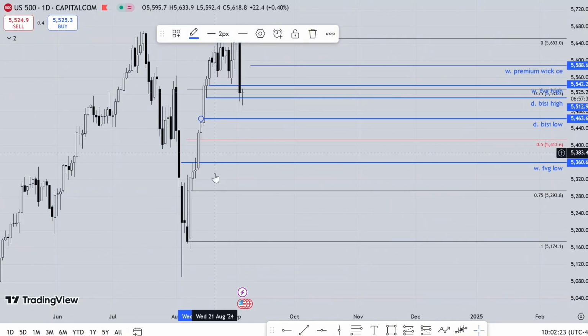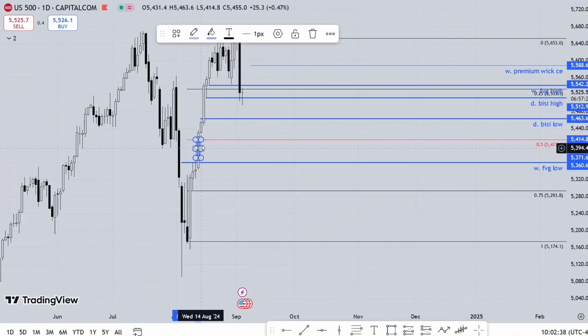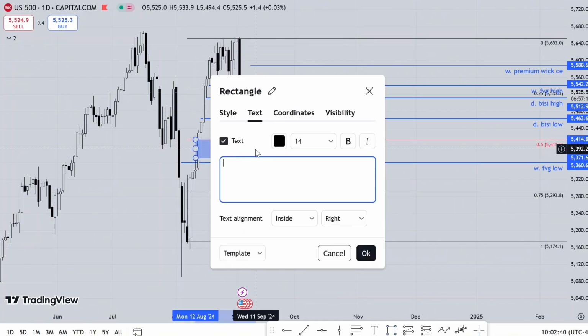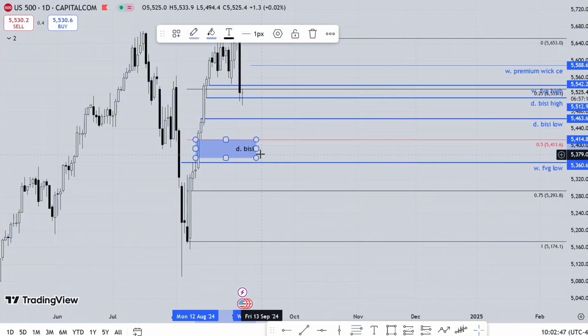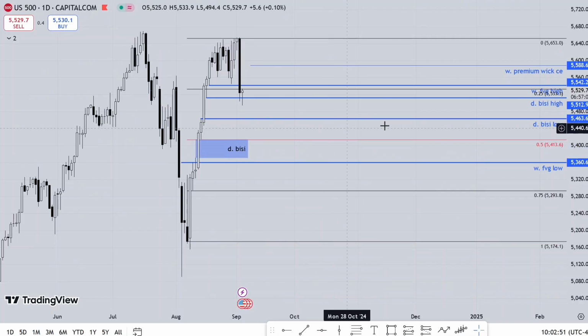Let's continue. Just below the equilibrium of this range, you have this fair value gap, this BC, which is in a discount on the daily time frame. I want to call this daily BC.